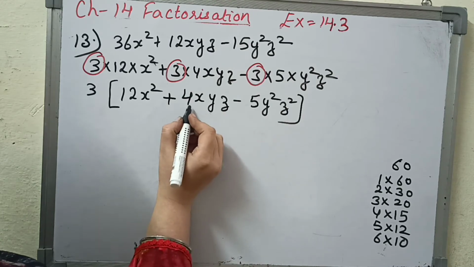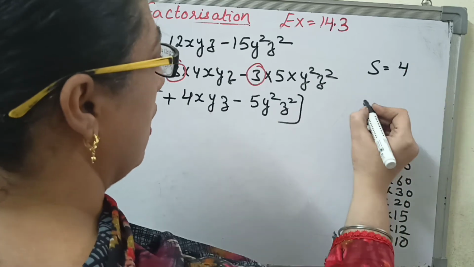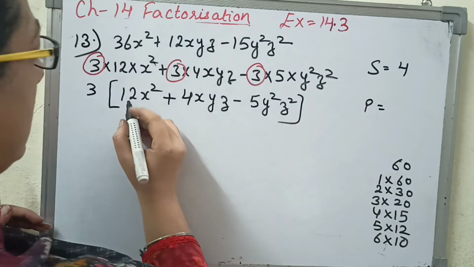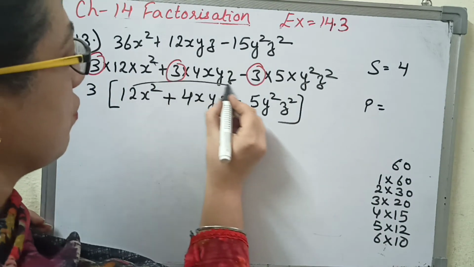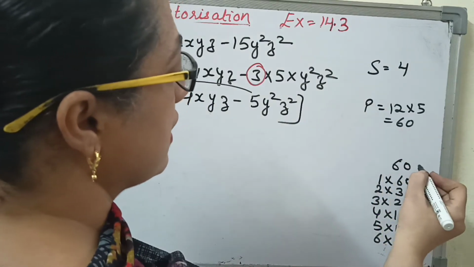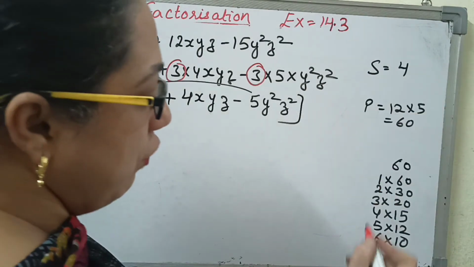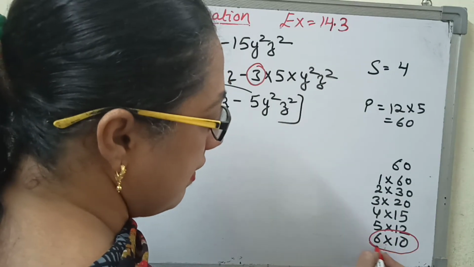Now I split this middle term. The sum is 4 and the product is 12 into 5, which is 60. Now the factors of 60 are these. Choose only those factors which give you 4, that is 10 and 6.